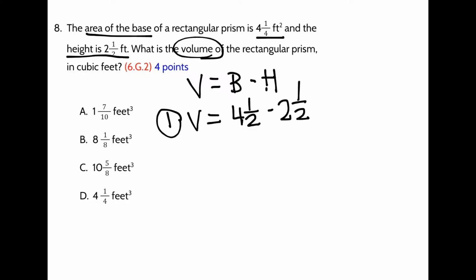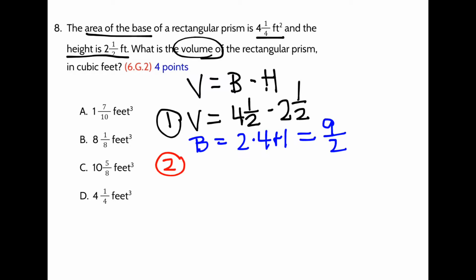So step 1 here is to convert our base, which will be 2 times 4 plus 1, which will equal 9/2. And step 2 will be to convert our height, which equals 2 times 2 plus 1, which will give us 5/2.